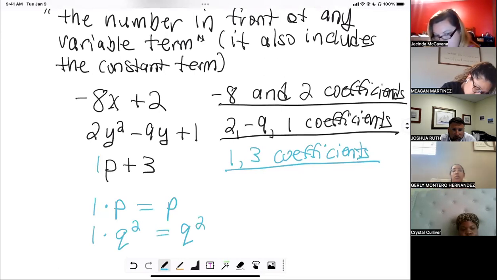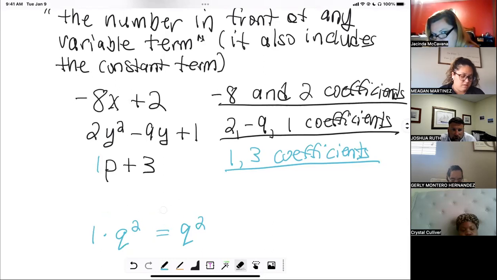So anytime you see a variable with no coefficient in front, it's an implied 1, because you really do have 1 times that variable. And the reason we don't write it is that 1 times anything is itself. So we don't write 1. We just put p, or whatever variable it is.